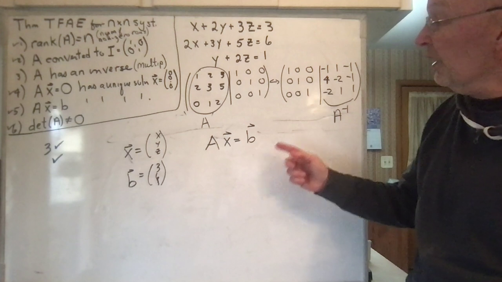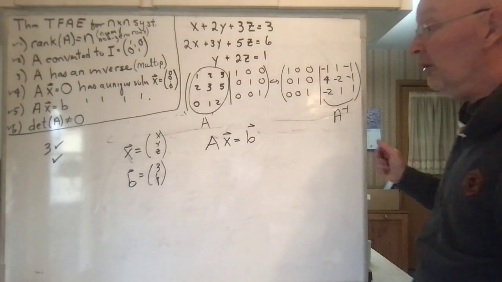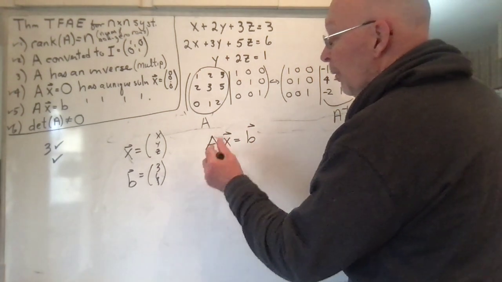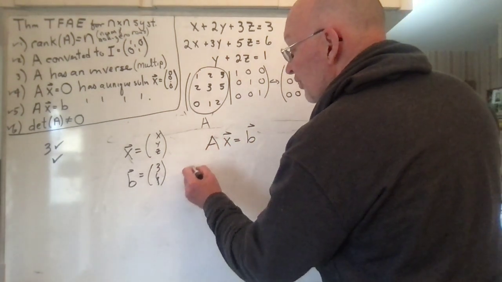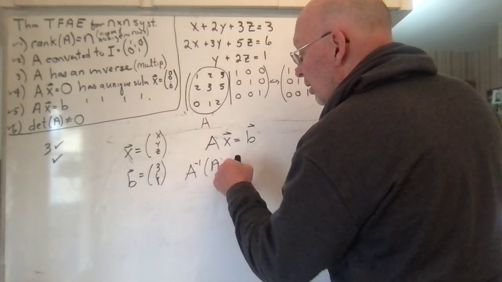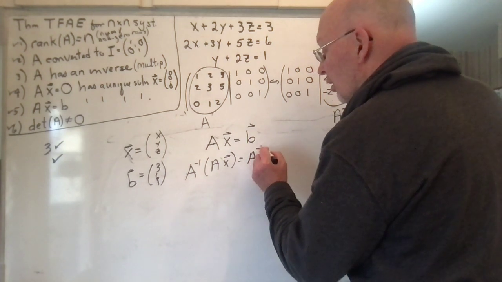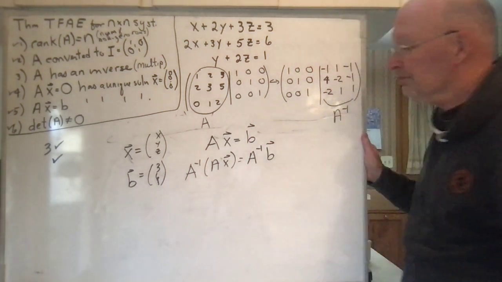So now look at what we can do with matrix multiplication. Remember what we learned in the first video? You can multiply both of these things by A inverse. Okay?